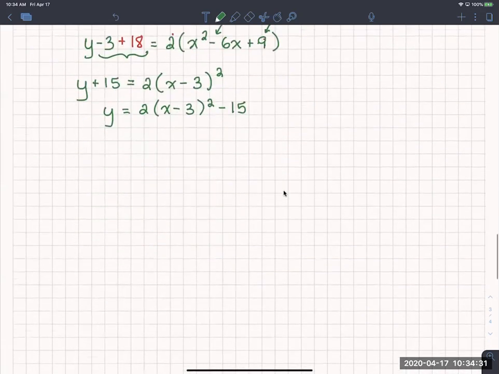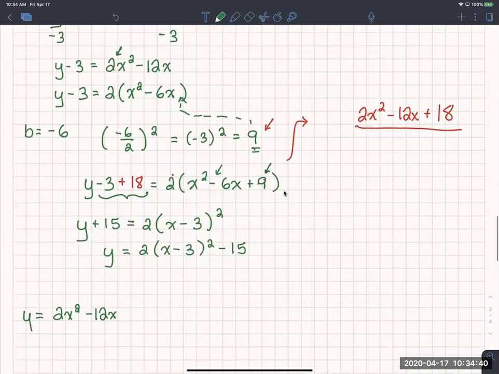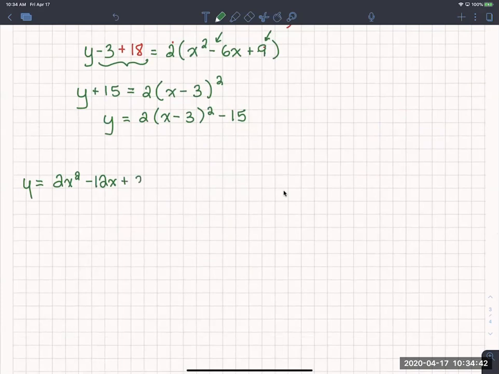So let's take, for example, the same equation. In order to convert this to vertex form, remember vertex form is a times x minus h squared plus k. And from standard form, we get a is 2, the leading coefficient is 2, the linear coefficient is -12, and the constant term is 3.